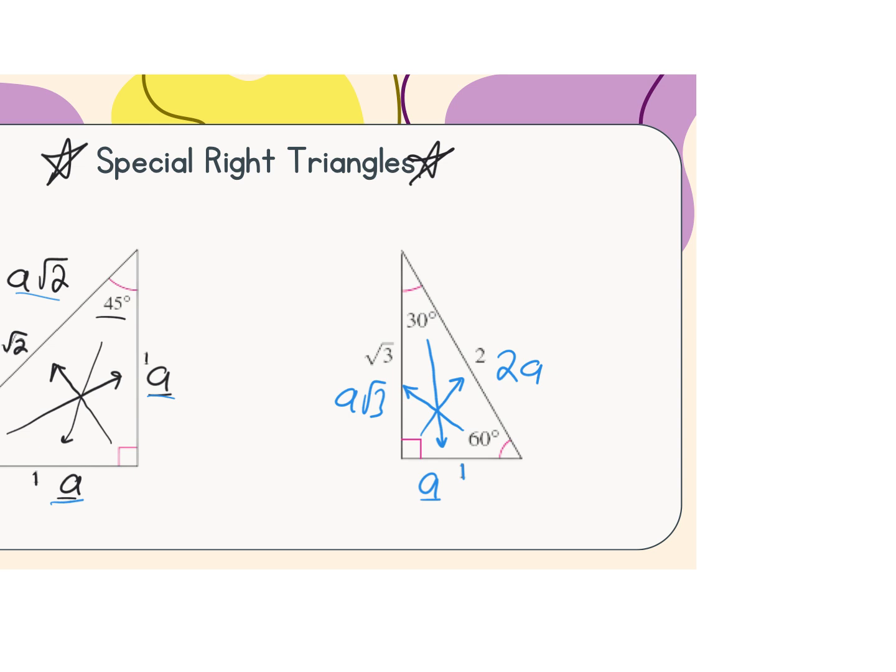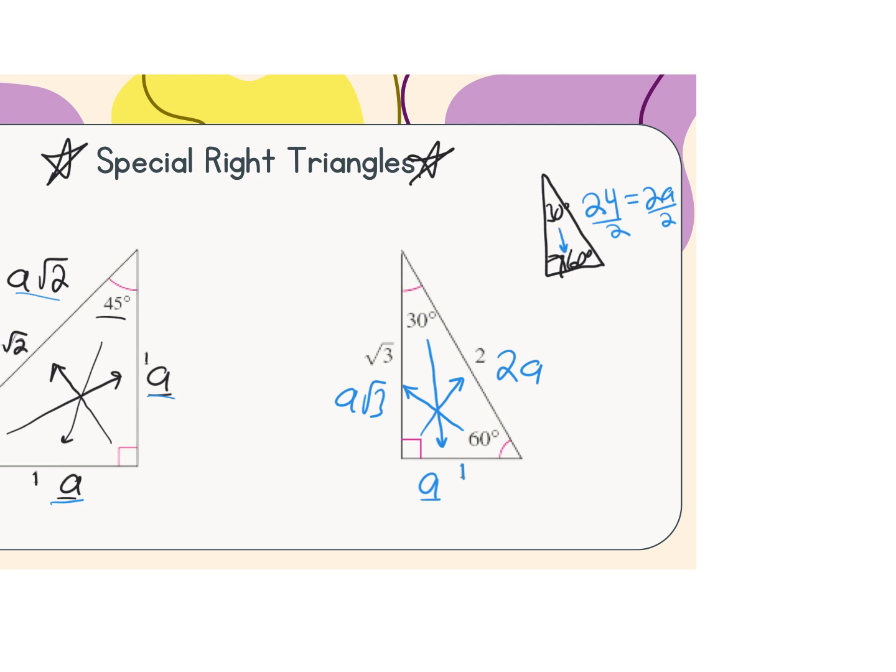Let me give you an example, right? So if I show you this 30, 60, 90 triangle, 30 degrees, 60 degrees, and then the 90-degree angle, then we can say, for example, the hypotenuse I'm going to say is 24, all right? Well, we already know that the hypotenuse is equal to 2A, so if you were to solve this out, that would make A equal to 12. 24 divided by 2 is 12.